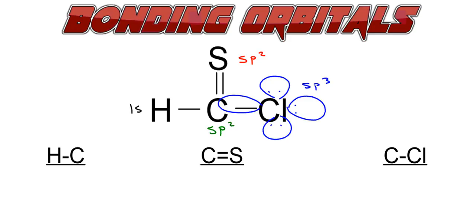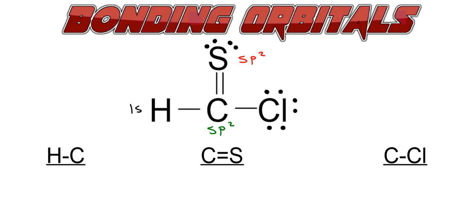It's a 1s. So those hybridized bonds are what we call sigma bonds. So I don't need to necessarily be this official on it, but I'm going to be, the sigma bond between the hydrogen and the carbon would be a 1s for the hydrogen and an sp2 for the carbon.